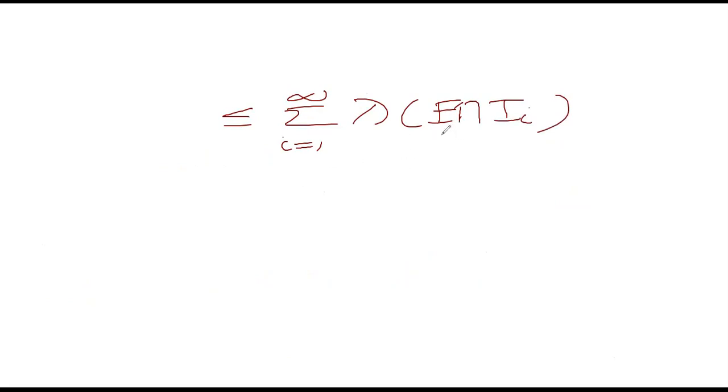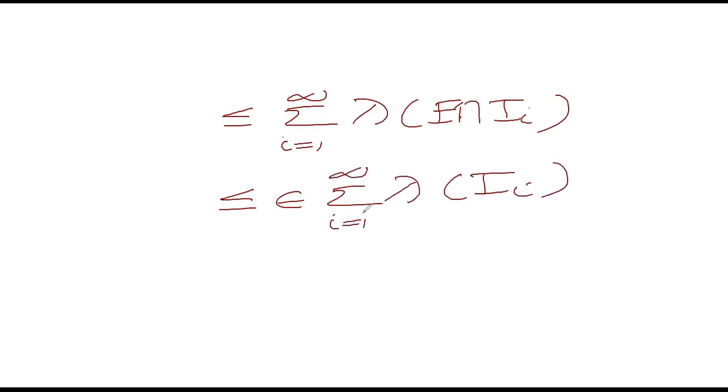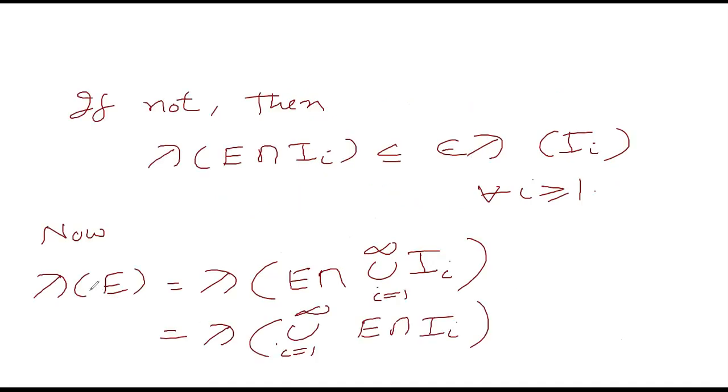This is less or equal to epsilon for each I, so it is less or equal to epsilon times the summation of the Lebesgue measure of I_i. But this sequence is chosen in such a way that epsilon times this summation is less than the Lebesgue measure of E. So we have a strict inequality, and therefore this is a contradiction.